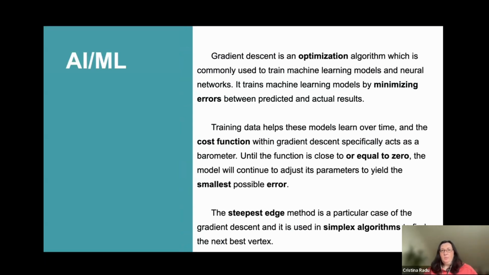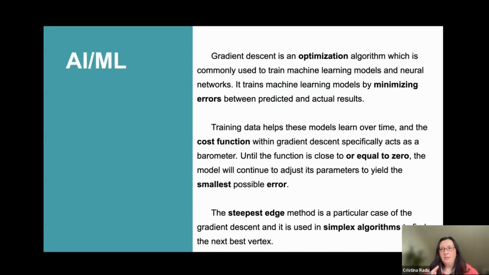And what is the connection between optimization and artificial intelligence? At its core, the way you train machine learning models is using an optimization algorithm. In particular, you minimize an error. And in particular, the steepest edge method is a particular case of gradient descent, and this is what is used in the simplex algorithm. As Felipe explained, you have a path on the convex shape, and then you use the steepest edge.